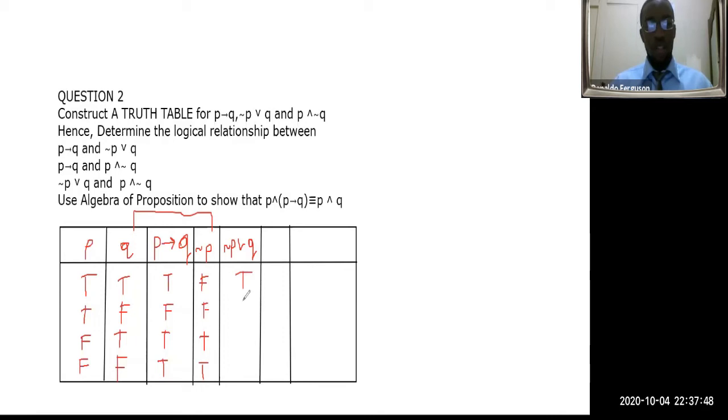False or false is false. True or true is true. And then false or true is true.